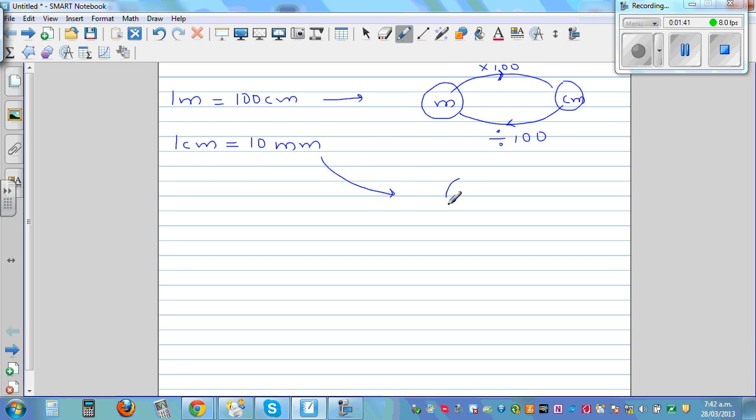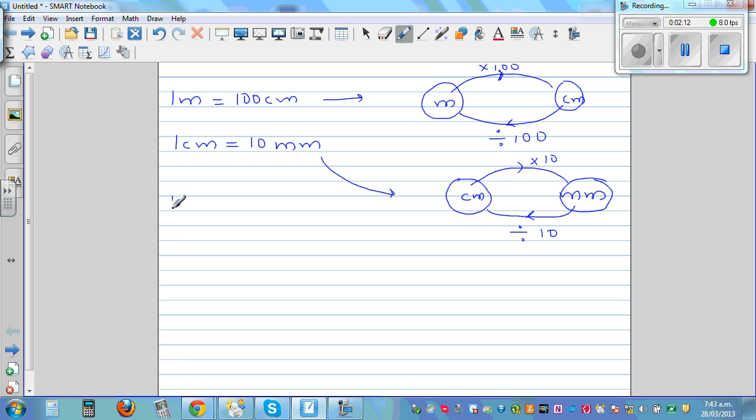So from centimeter, if you want to change into millimeters, the same logic: the number is 10 times bigger than this. So you times this by 10. And if you want to change from millimeters to centimeters, you divide by 10.